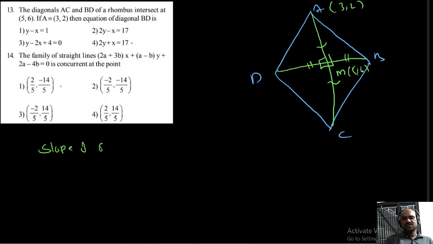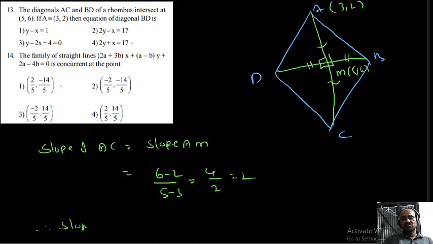Slope of AC is equal to slope of AM, both are same, that is equal to 6 minus 2 by 5 minus 3. 6 minus 2 is 4, 5 minus 3 is 2, that is equal to 2. Therefore slope of BD equal to minus 1 by 2, since BD is perpendicular to AC.